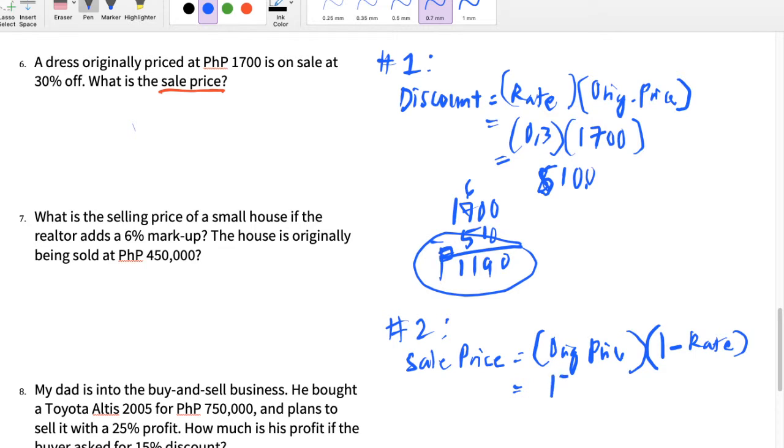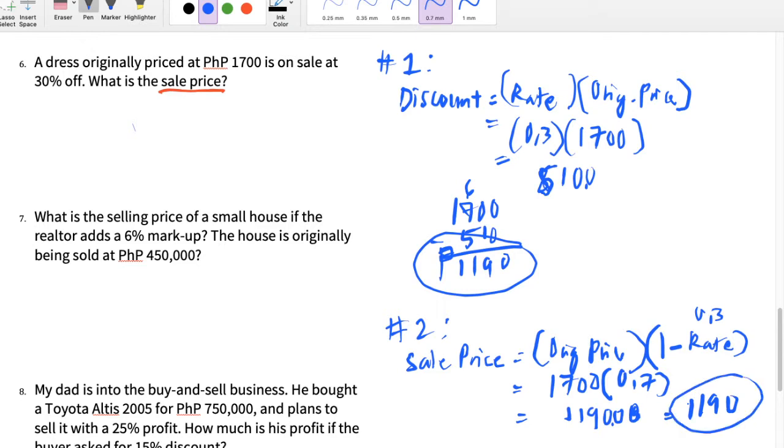So, here we have 1,700 times 0.7. Kasi yung rate natin is 0.3. Okay, if you multiply this, ang makukuha would be 1,190.